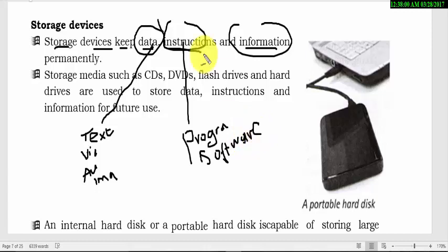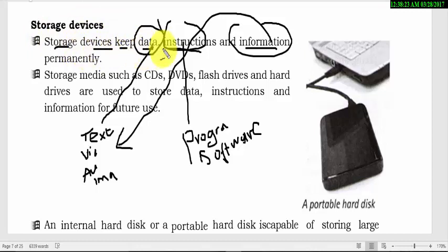Okay, thank you very much. Then information, this comes again to this. Thank you very much. We now understand, children or students, that we are looking at these storage devices. After we have typed the work or done the work on the computer, it is stored on the computer or outside the computer.